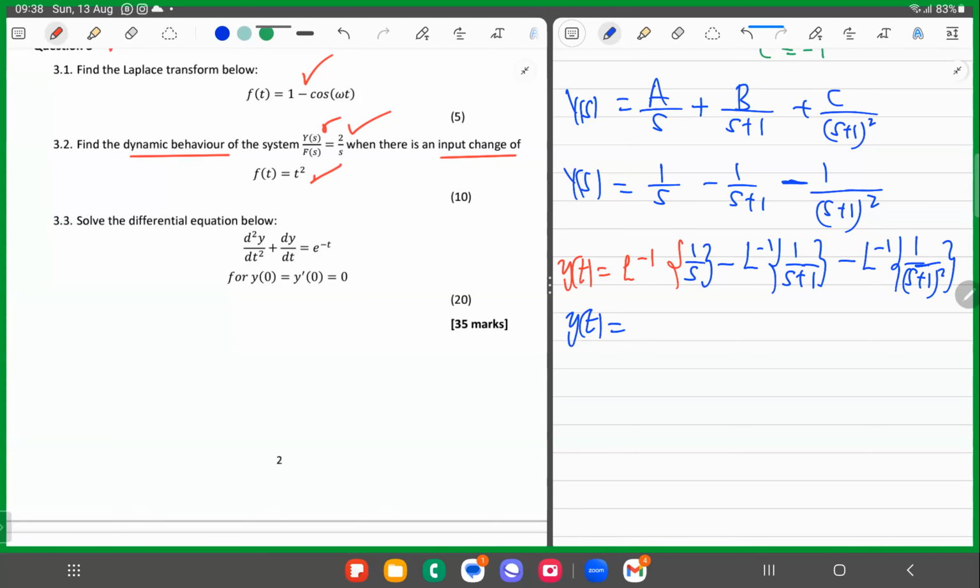So the L inverse, we saw that the L inverse of 1 over s is 1. And then this one is e to the minus t. Just put a minus associated with the 1.